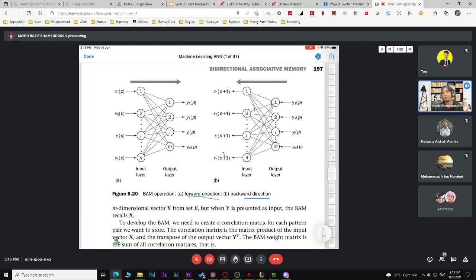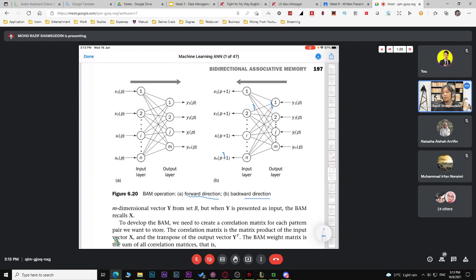Tetapi kalau new generation punya program, sometimes dia dah integrate dah RNN dengan autoencoder ni. So kena tengok dekat, macam kalau TensorFlow ke kan, you have to look at the documentation itself, how it actually perform the network.